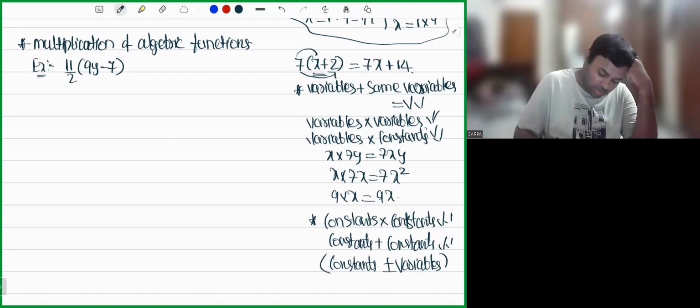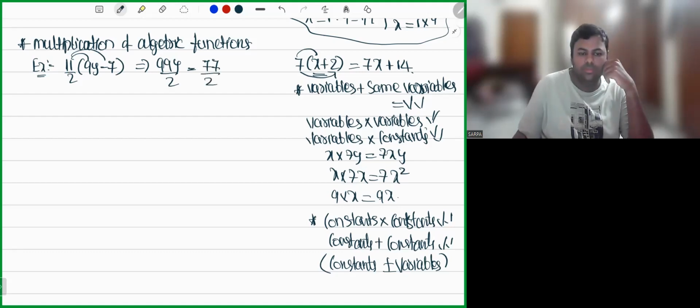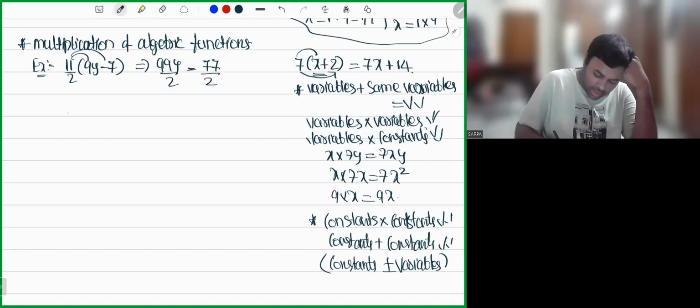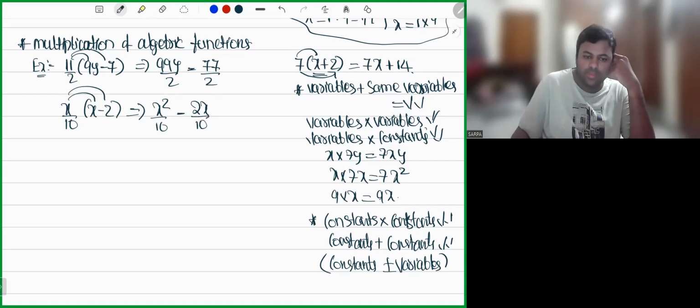The same way here also. 11 by 2 into 9, 99 by 2, minus 7 into 11, 77 by 2. Next, I am having x by 10 into (2 minus x minus 2). x into x, x square by 10, minus 2x by 10.